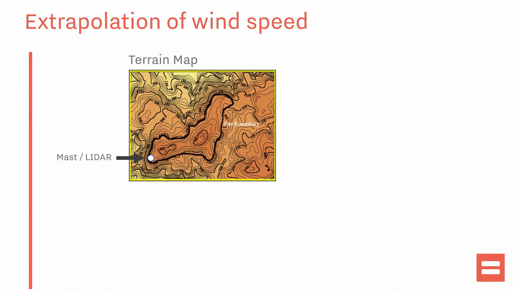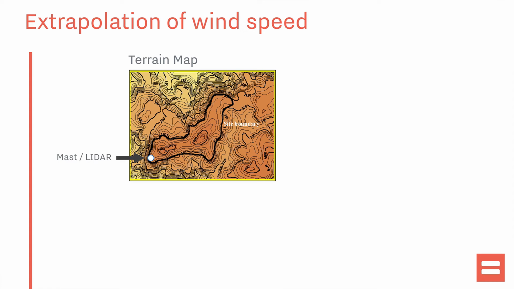So it would be lovely to put up a mast or a LiDAR in every single location where you're going to put a turbine, but that's financially impossible. So you wouldn't do that. So you need to make an estimate of how the wind speed varies over the site. There are various ways in which you can compute, or at least you hope you can compute, these effects.